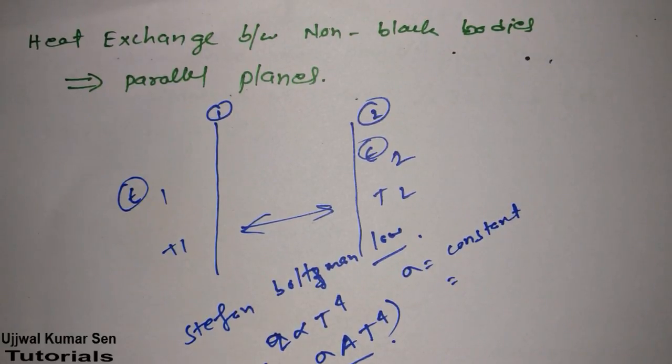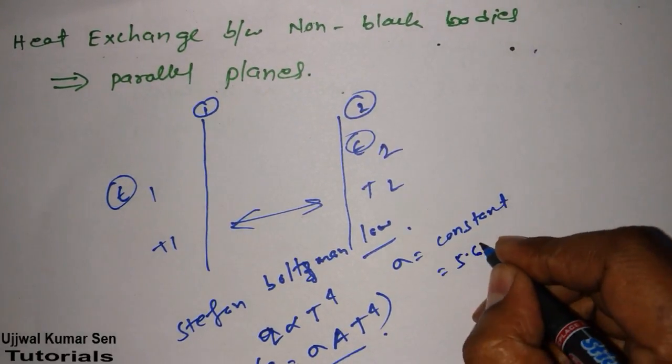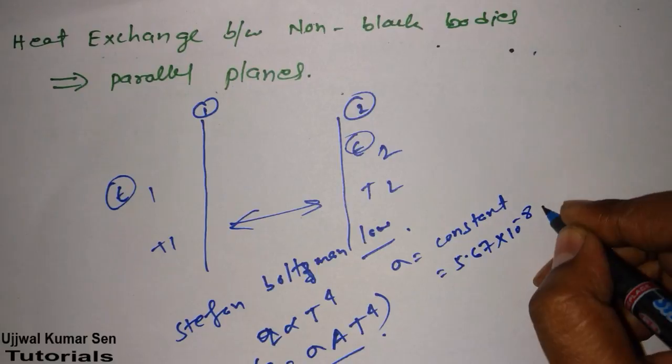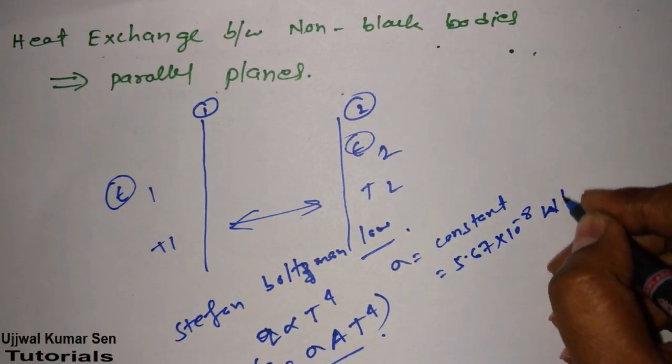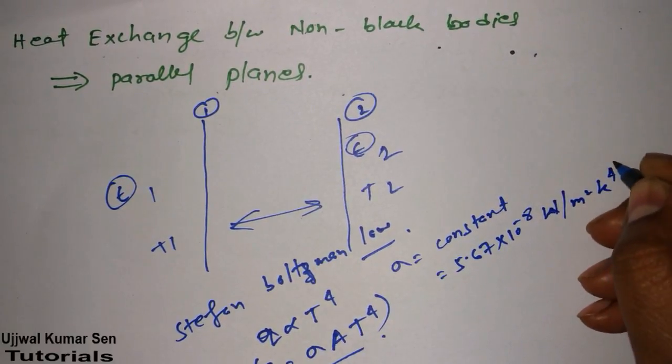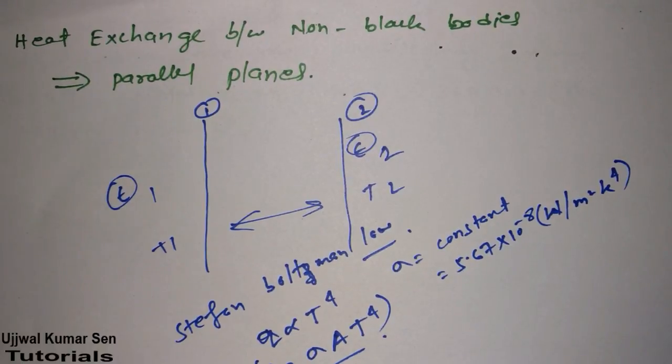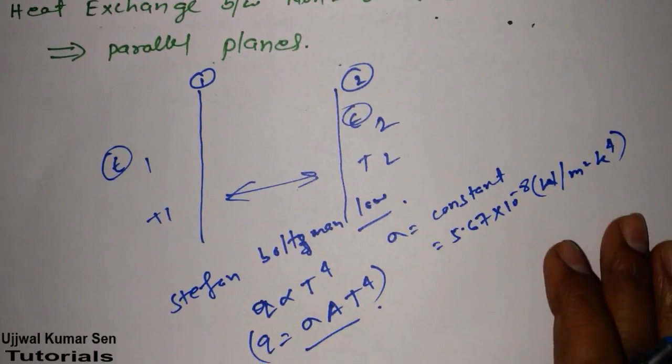The Stefan Boltzmann constant has a constant value, that is 5.67 into 10 to the power minus 8 watt per meter square K to the power 4. Sorry for repeating, but I'm repeating because this is important. Yes, my dear, this is really important for you.